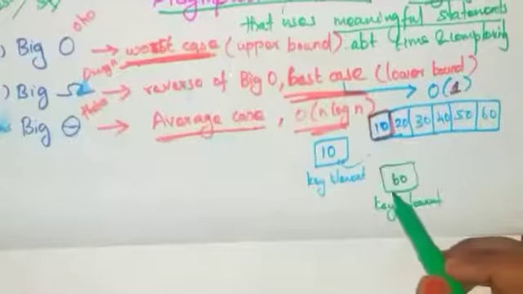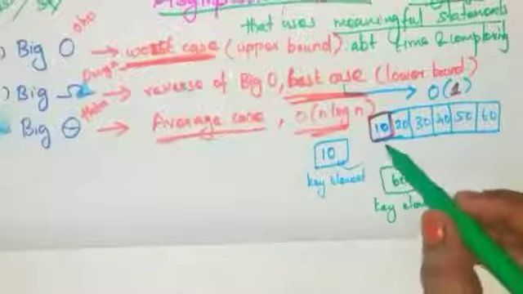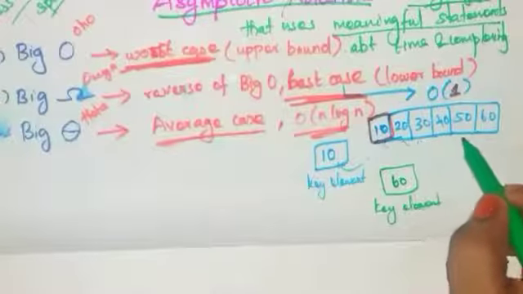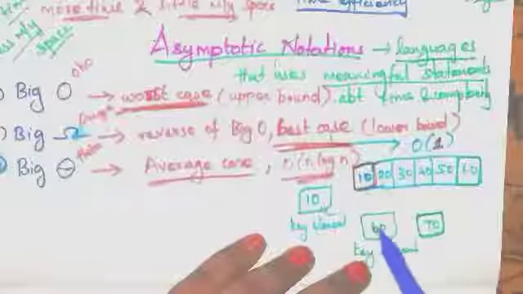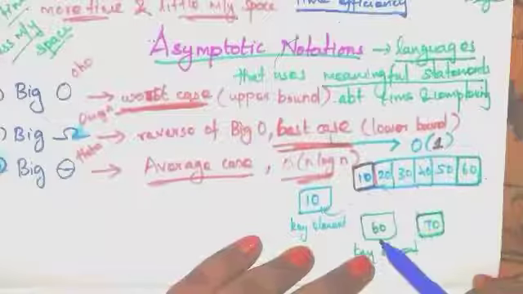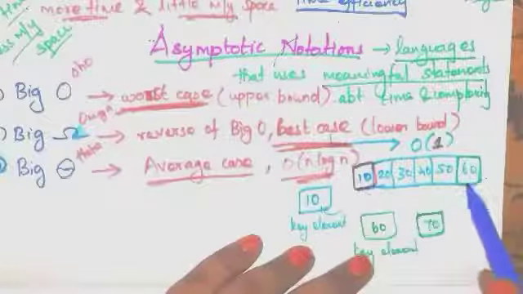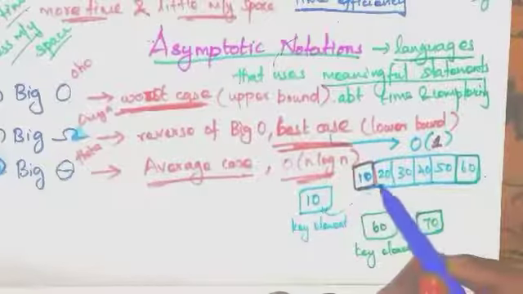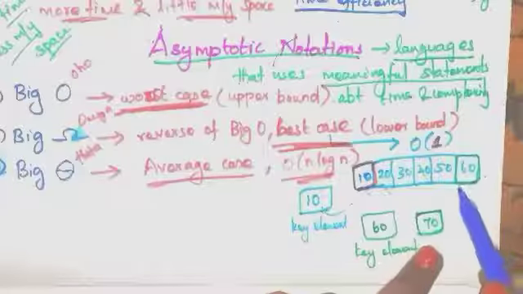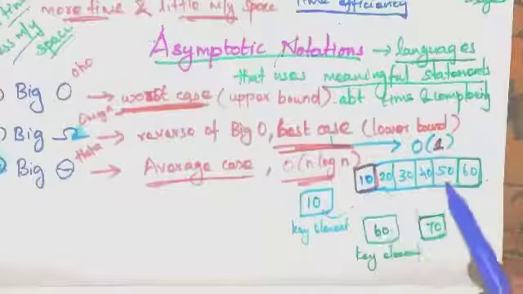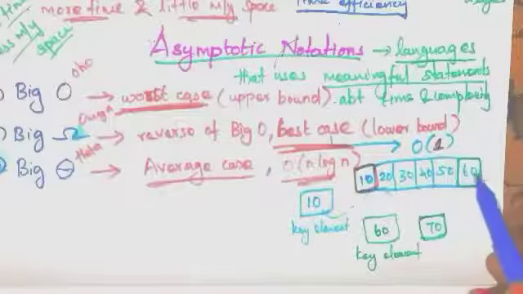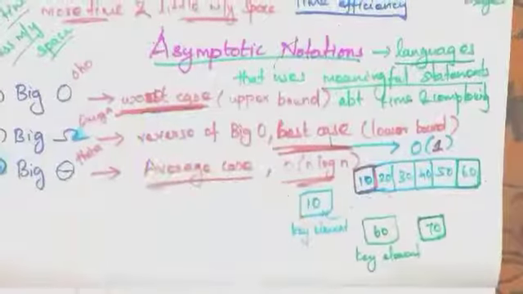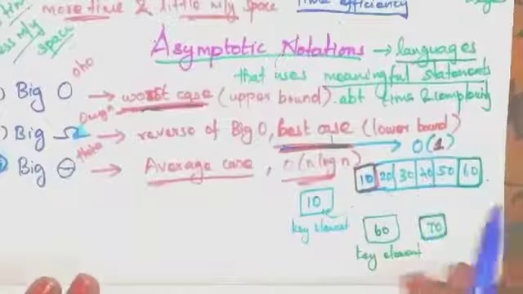Next, if you want to search the key element 60, you compare that value one by one with each element in the list. If the key element is found at the end of the list, or is not found in the list, say 70 is not there, that is worst case efficiency, because it needs a lot of comparisons.